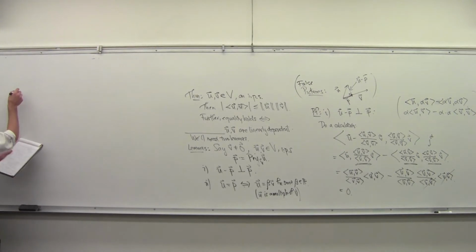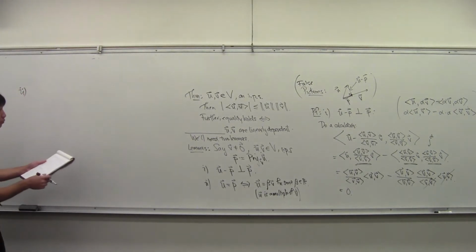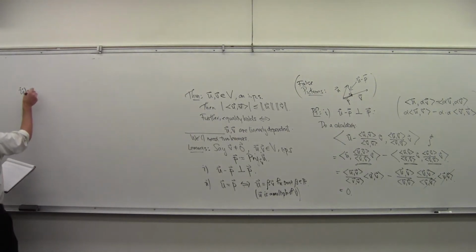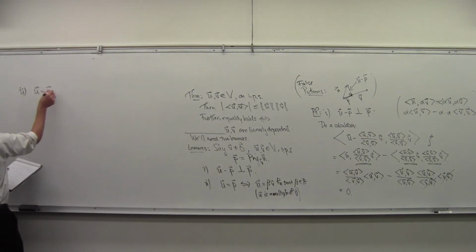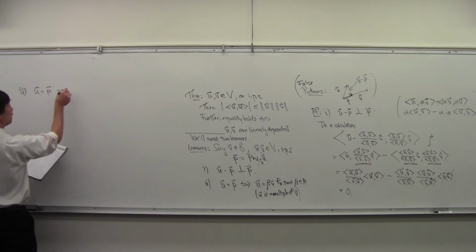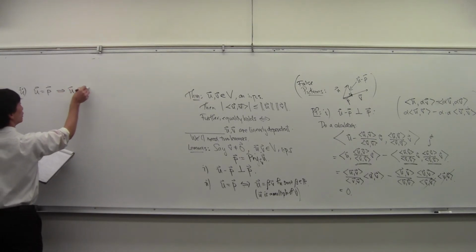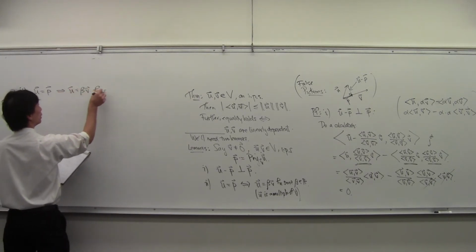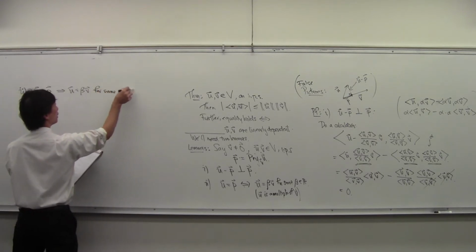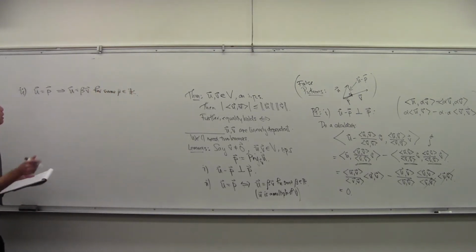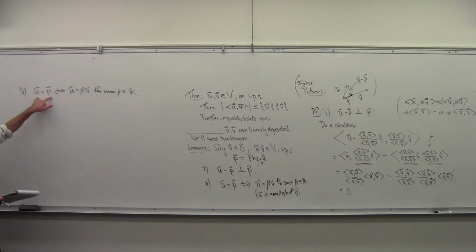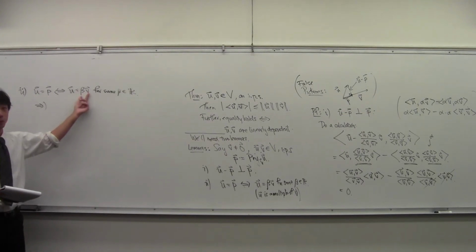Okay. Proof of number two. That if U equals the projection, then U equals beta V for some beta in R, if and only if. So let's see the forwards direction. If U equals the projection, is U some multiple of V?